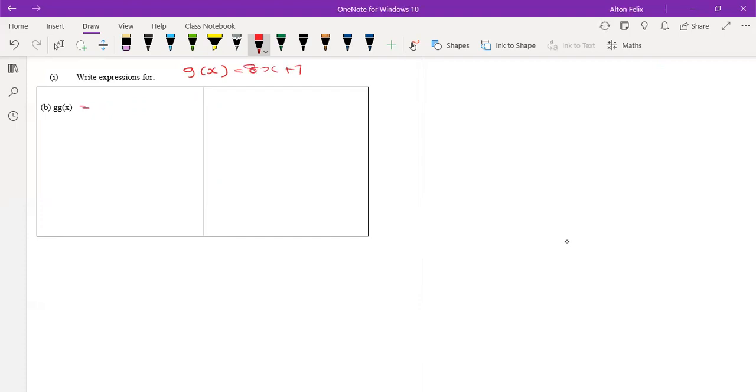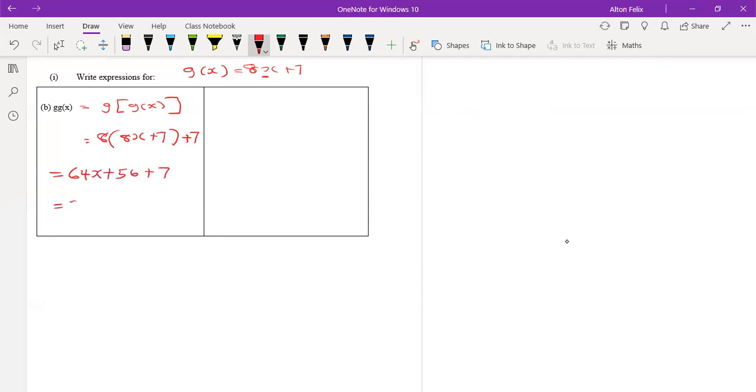Remember what this means: you are substituting the entire g function back into the original g function where you see x. So this would be 8 times 8x plus 7, and then of course you add 7. We can now expand by removing the brackets. 8 by 8 is 64x, 8 by 7 is 56, plus 7.